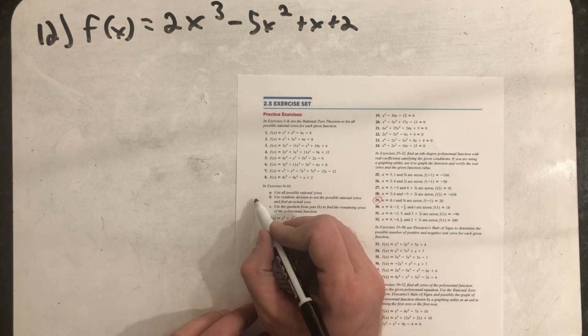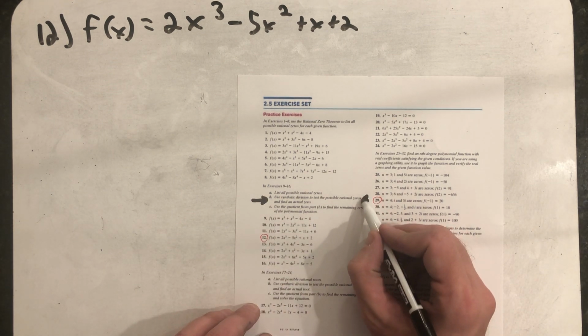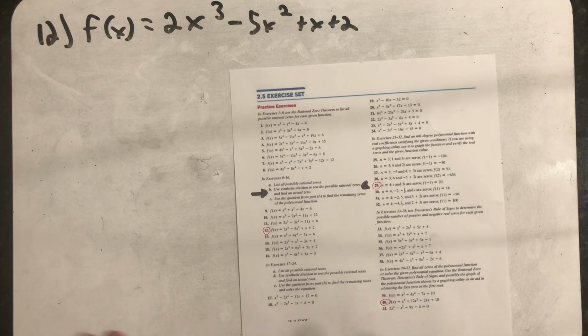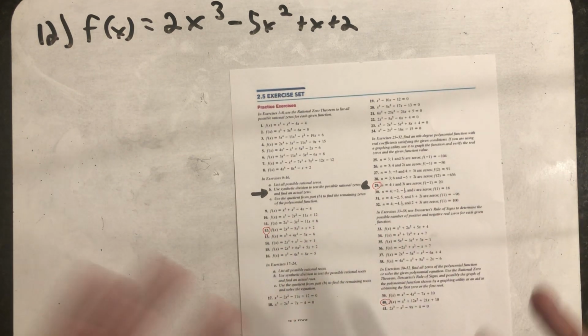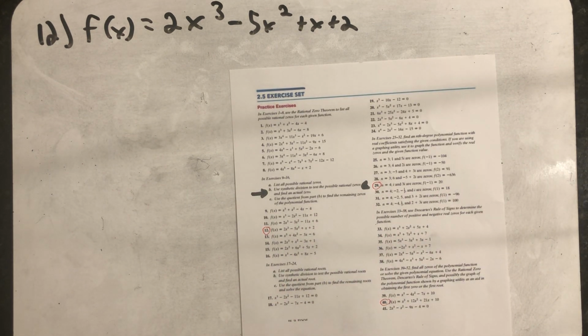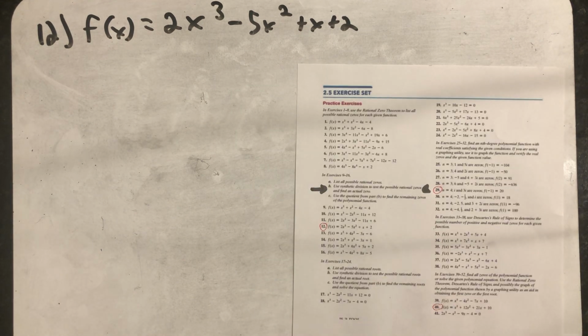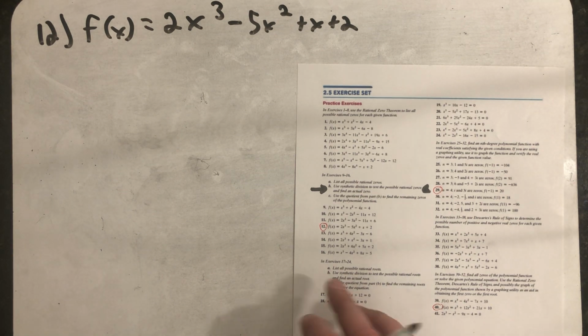All right, well, we're not stuck in the 17th and 18th century, so we're not going to just try all the rational zeros randomly. We're going to use some 20th century technology here to help us out, even though we're in the 21st century.